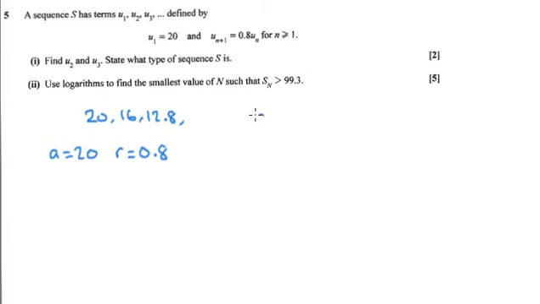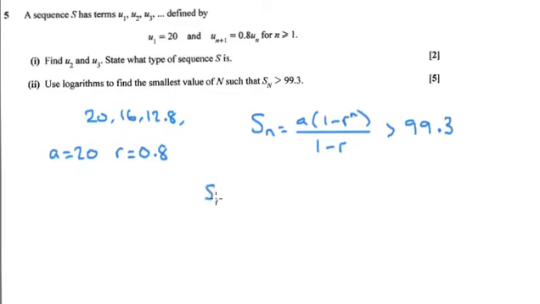And it wants us to use the formula for the sum of the number of terms, which is a bracket 1 minus r to the power of n over 1 minus r, to find a value of this that gets us bigger than 99.3.